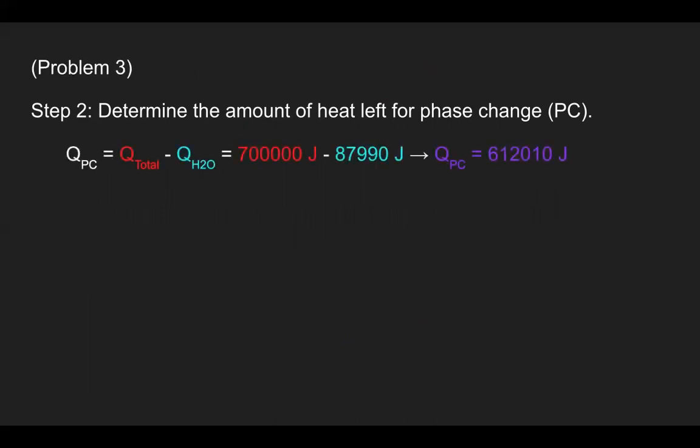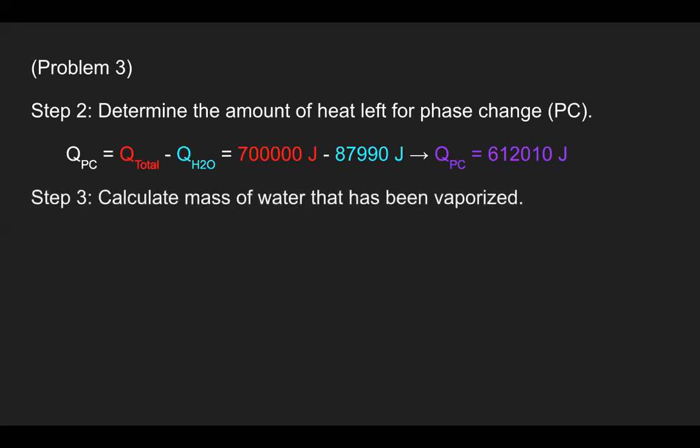That is simply the total inputted into the system, which we were originally given as 700 kilojoules, minus the heat from its entire heating from 70 degrees to 100 degrees Celsius, which is highlighted in light blue.